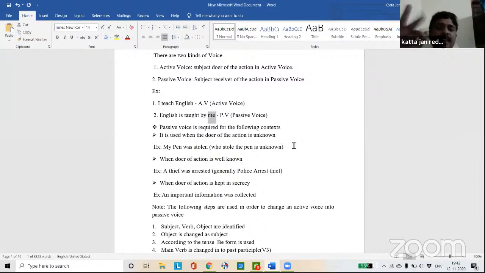Need not use by someone, by somebody, right? So I just want to say my pen was stolen. That's it. నా పెన్ను దొంగిలించబడింది by somebody. ఎవరు నాకు తెలియదు. Right? So it is something like this.